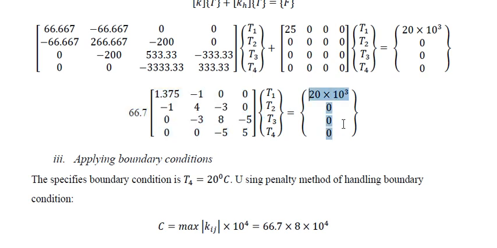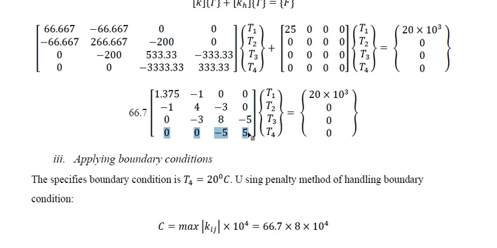This is the force vector due to convection. T4 is known. We should try to eliminate fourth row and fourth column.